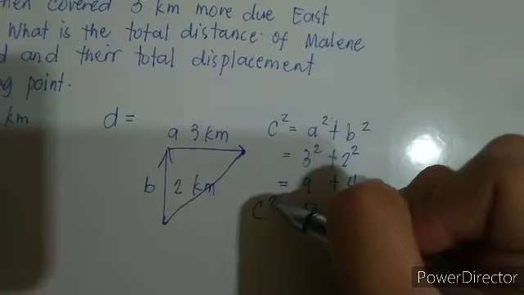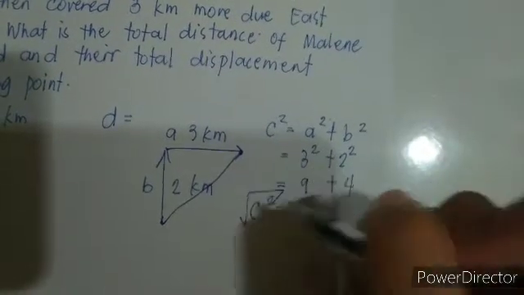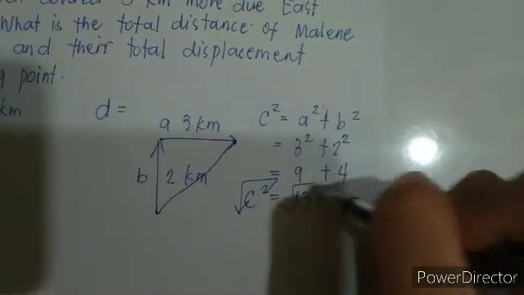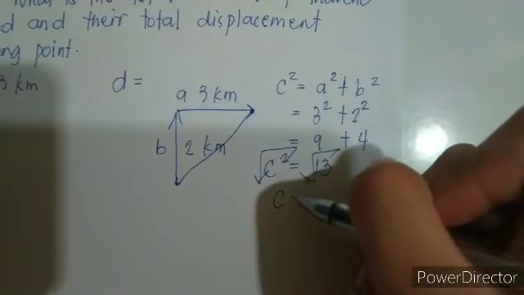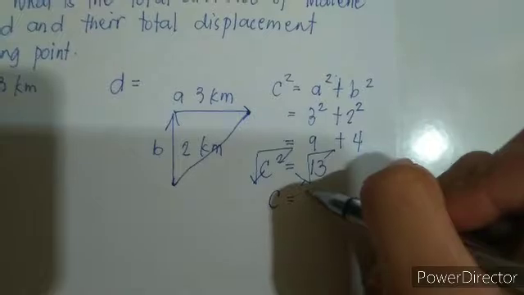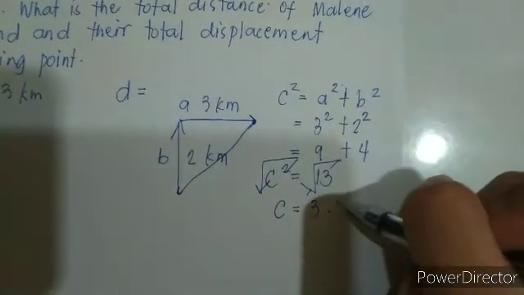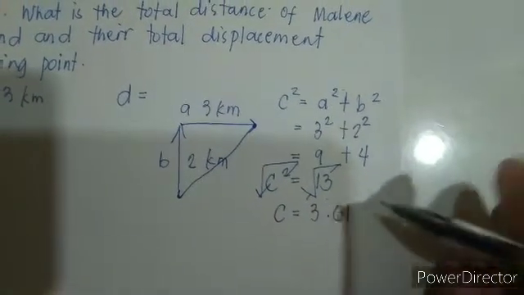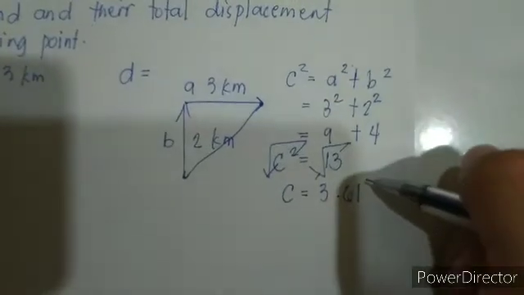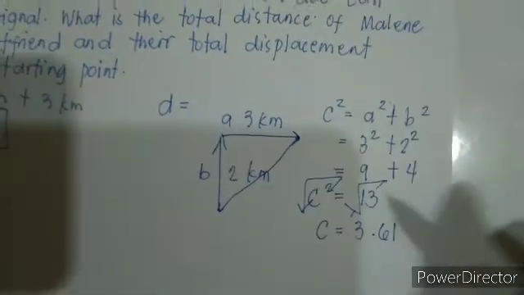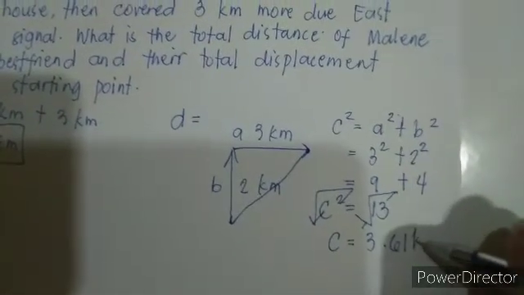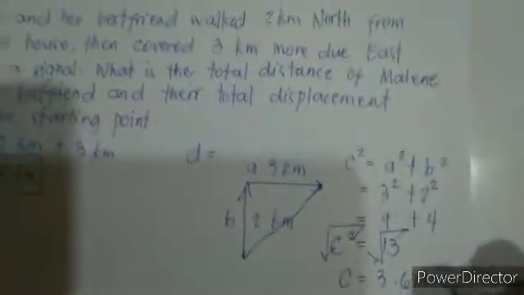So c squared. Let's have the square root to cancel the square. So square root of 13 is 3.61. That's rounded off, guys. So that's the total displacement of Malin and her best friend.